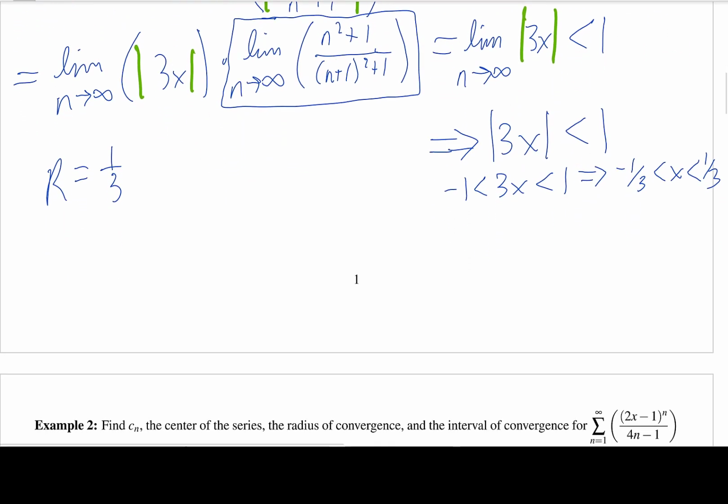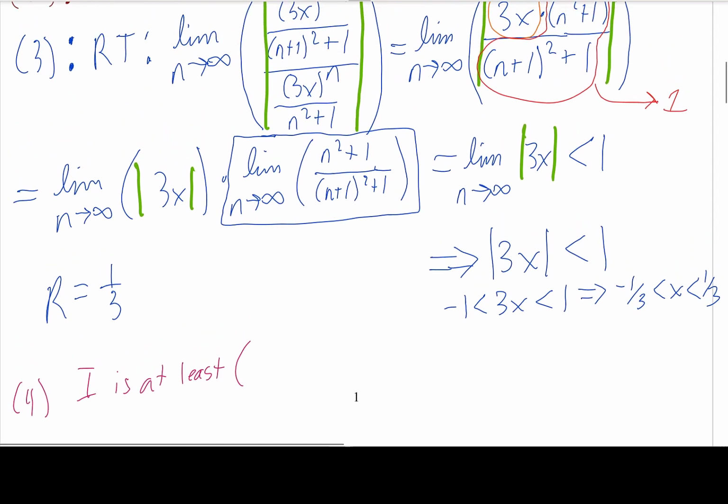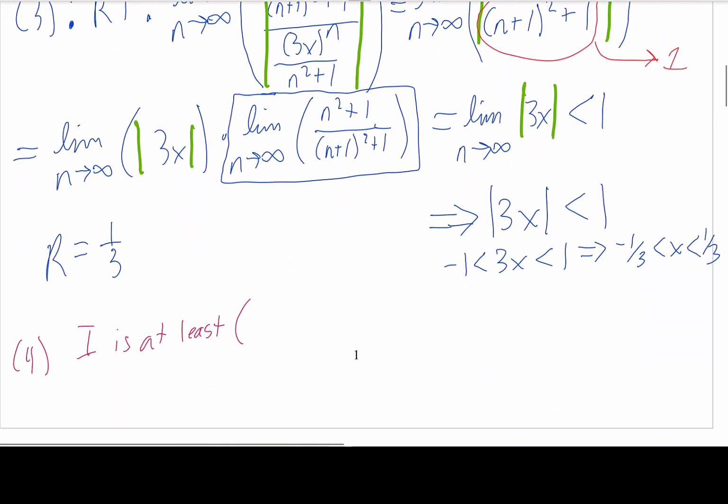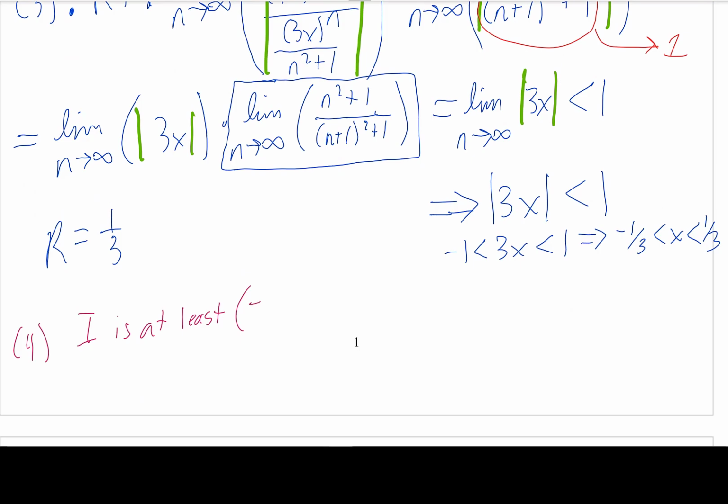Now the next part, number 4, part 4, was for us to find the interval of convergence. So we know that I is at least, remember this should be negative r plus a. Well, let's go back. Our a was 0. So this is going to be negative 1/3 plus 0, which is negative 1/3.